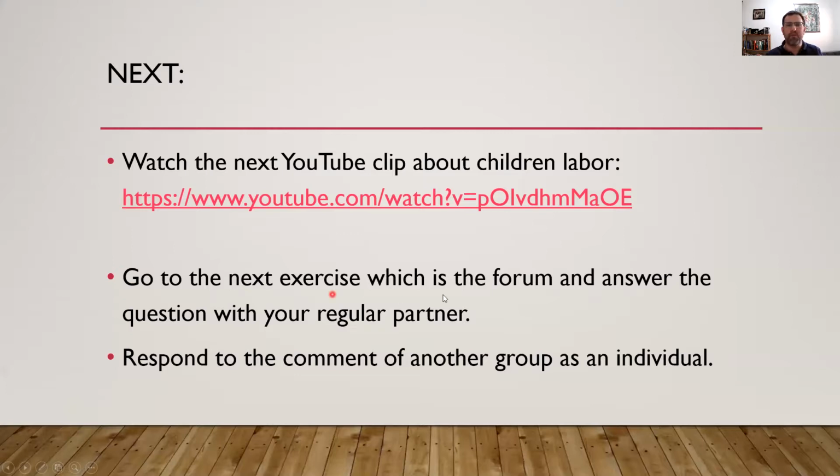Part 2, where you go to the form and answer the question with your partner, you do with your partner. You need to write both your names at the beginning of your answer. Three days from today, you're going to go in and you're going to comment. You're going to respond to the comment of another group as an individual. You will not do it with your partner. You will do it as an individual.